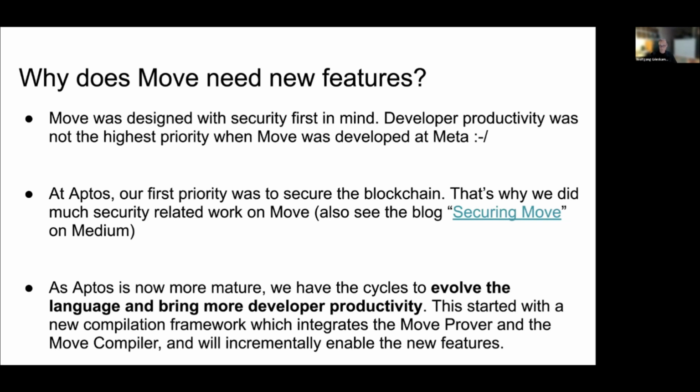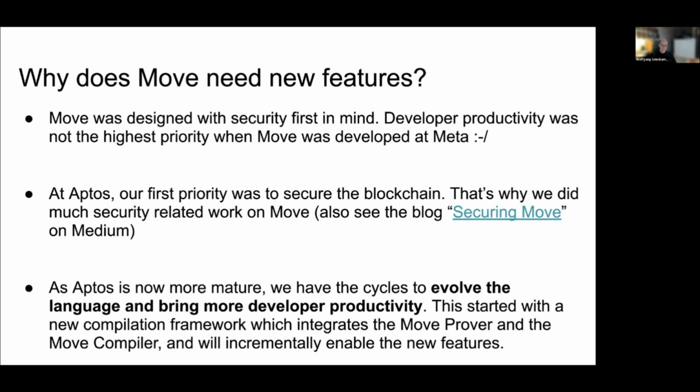You may have heard about the Move Prover. The Move Prover is in a way also a compiler of the Move language. It only compiles to a verification system and not to some bytecode. And in reality, we had basically two compilers, the Move Prover and the Move compiler, because at Aptos, the Move Prover is very important for us. We didn't want to retire it, so we want to maintain both of them.